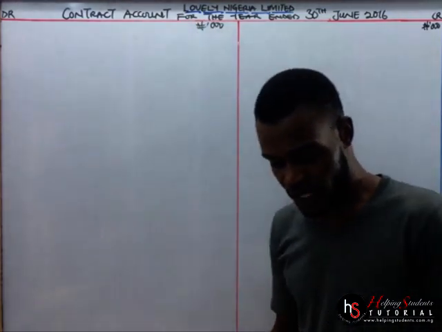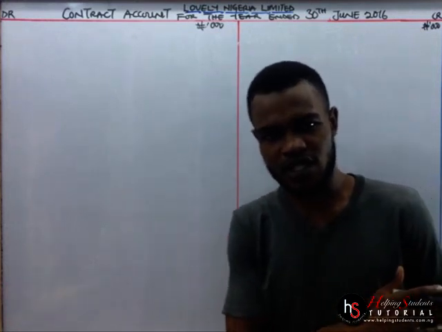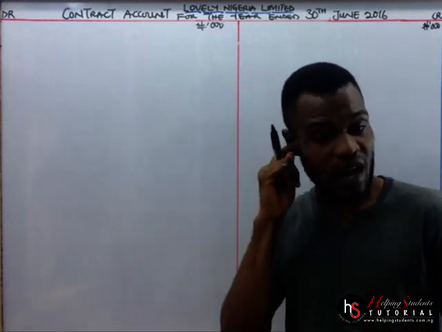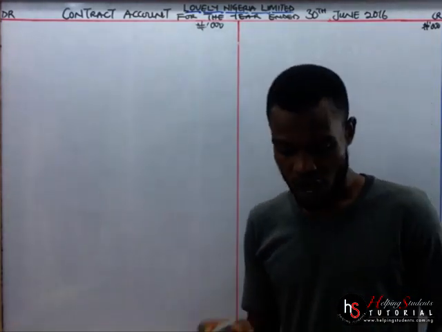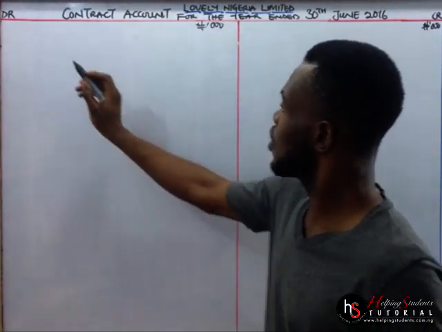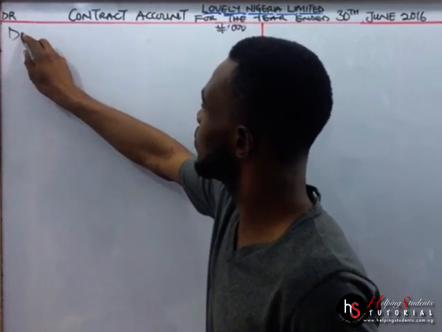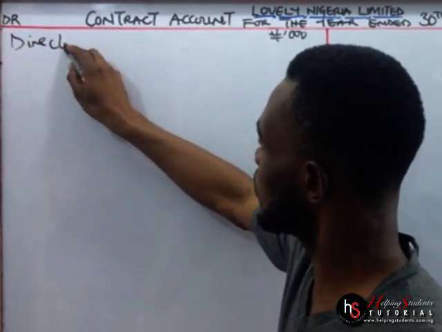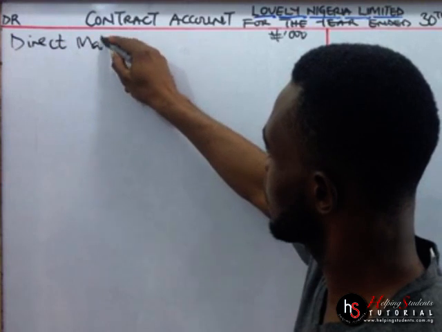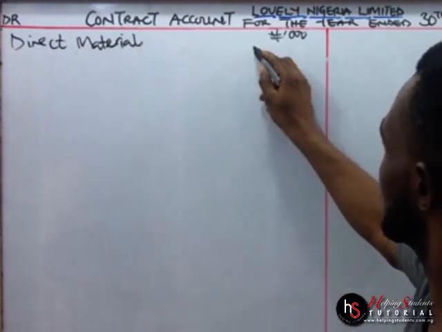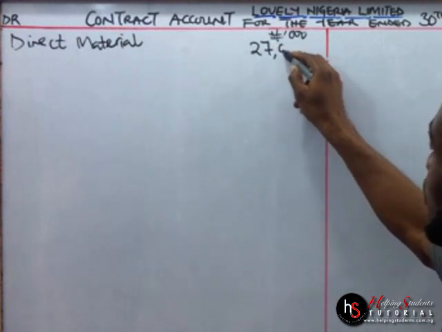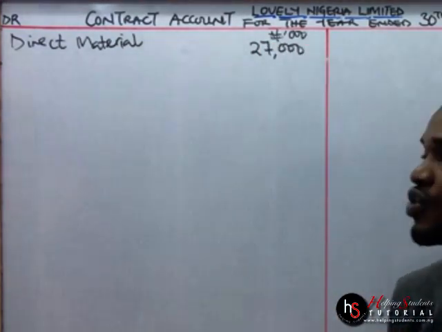So let us proceed. From the format, we have direct material, isn't it? And in this question, we have direct material. So, how much is the direct material? We have 27,000. So we write direct material and it is 27,000. 27 million, you know, but based on how we're treating it now.